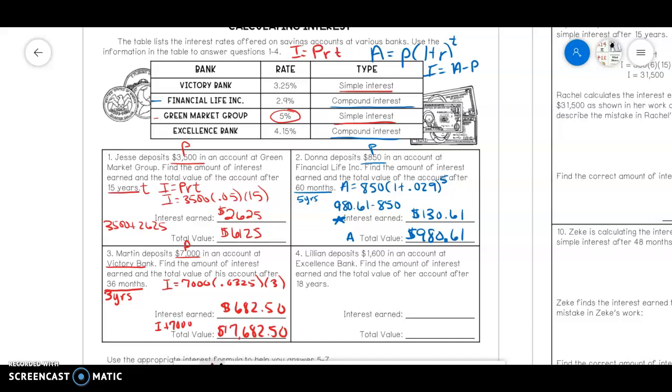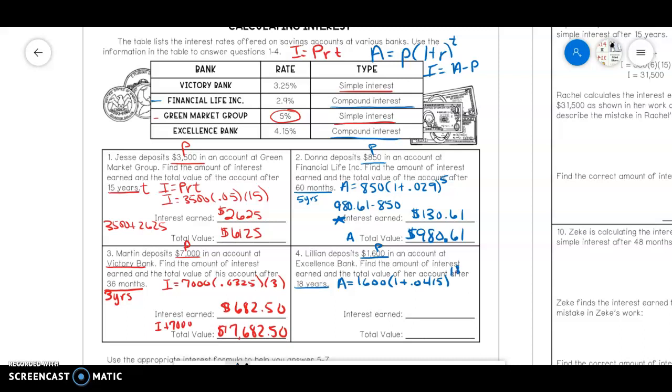And then we have Lillian. So Lillian is at Excellence Bank, which is a compound interest bank. So we have a P of $1,600. Find the amount of interest earned and the total value of her account after 18 years. So they gave us the T. So A equals 1,600, 1 plus 0.0415 to the 18th power.